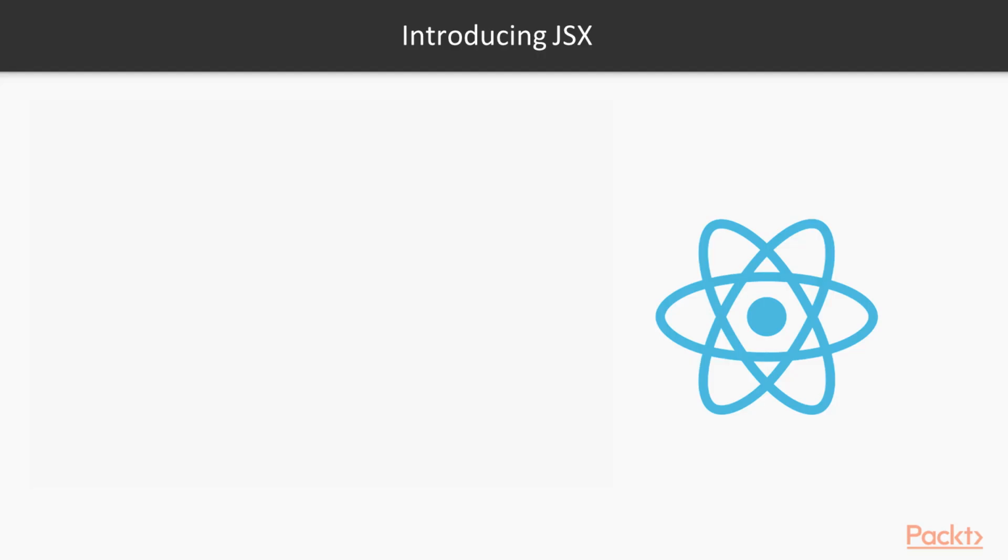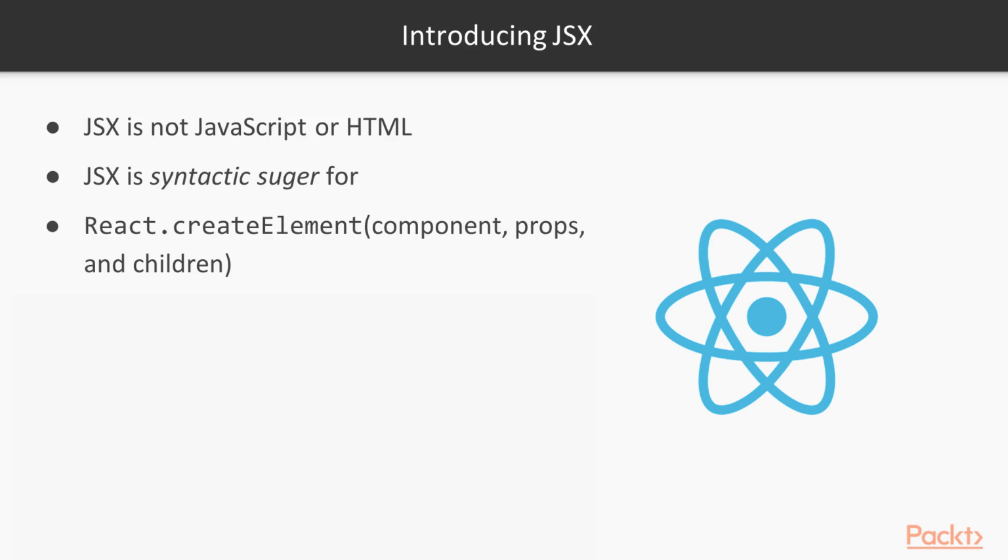React components render JSX. JSX is not JavaScript or HTML. JSX is syntactic sugar for JavaScript React.createElement calls. You won't see React.createElement when using JSX because behind the scenes React converts JSX into these createElement calls.